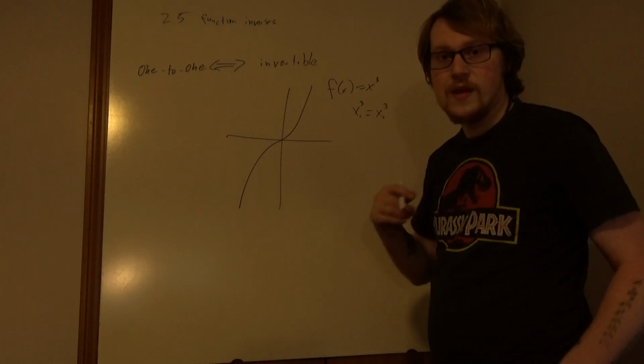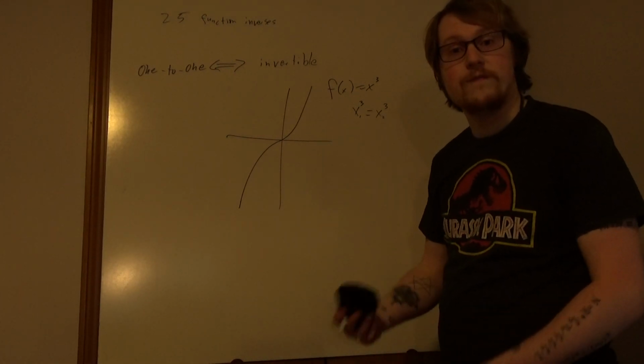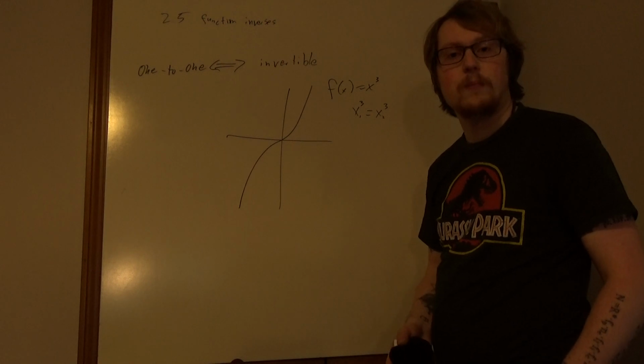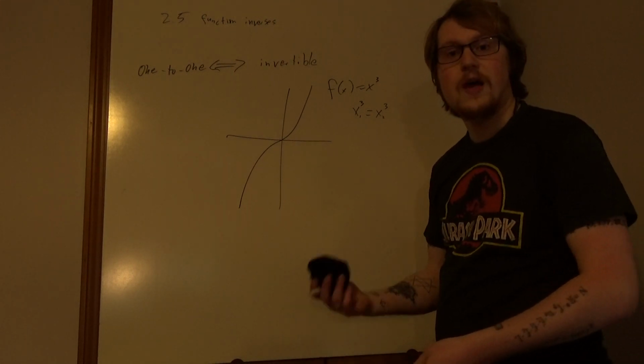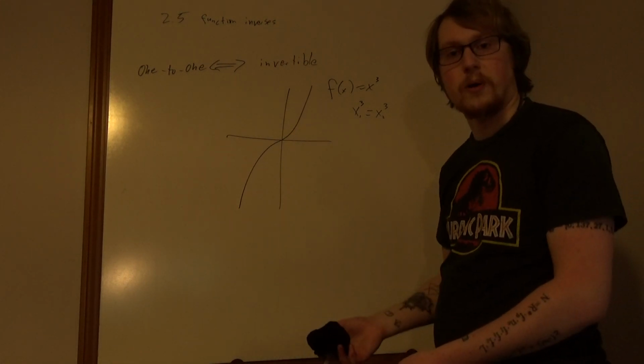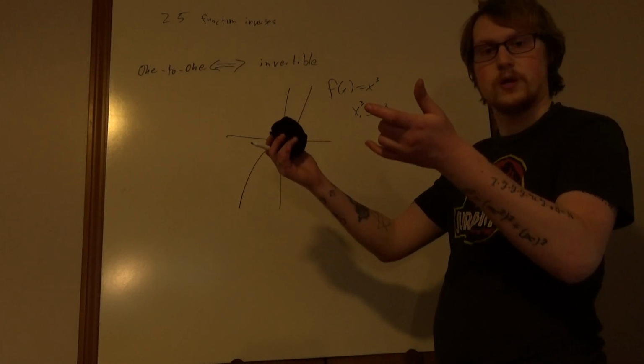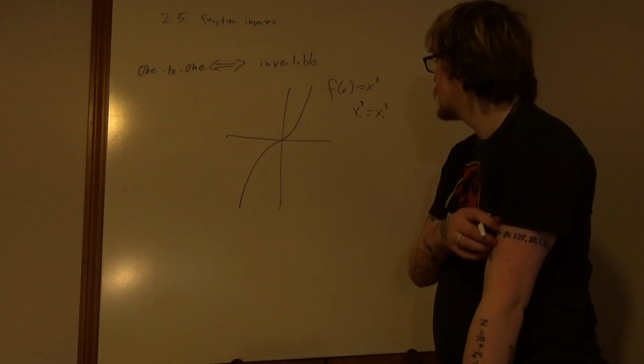And if we think back to x squared and why it failed, that's because negative numbers, when you square them, become positive, and positive numbers squared are positive. So they sort of both output into the same set.